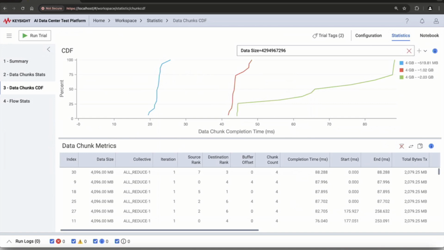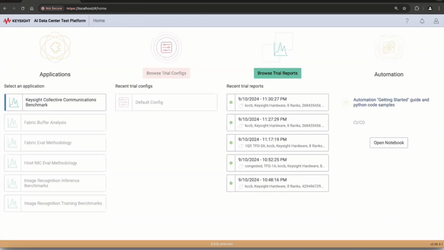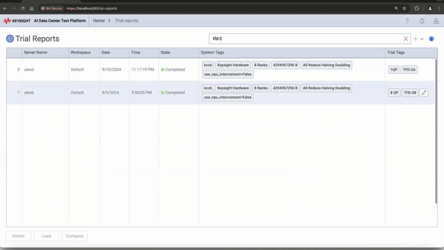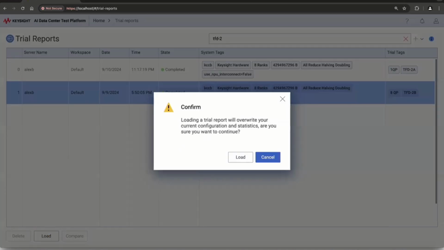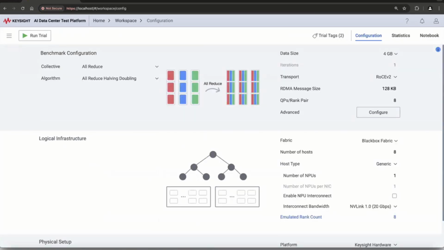Now, I'm going to change my configuration and look at the same test, but with more queue pairs. Same all reduce of 4 gigs of data, halving doubling algorithm, but instead of 1 queue pair, I'm using 8 queue pairs.